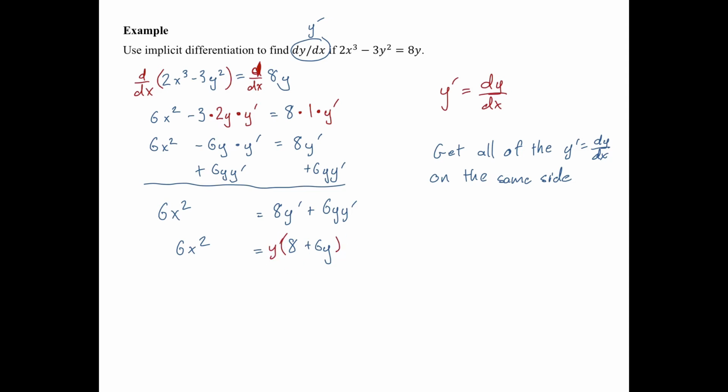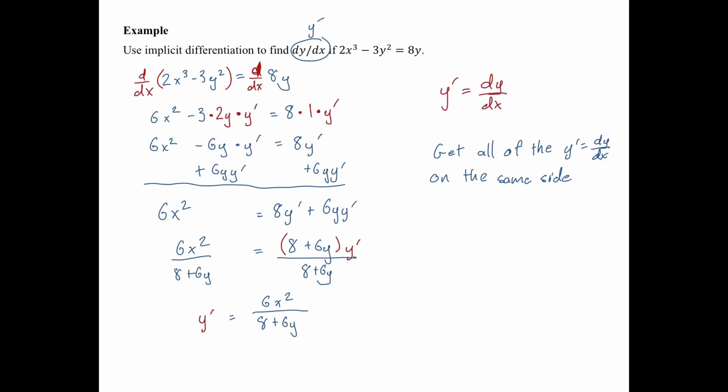Either side's fine. We'll leave it over here. And now you can see we're pretty much done. The last thing we need to do is divide everything by 8 plus 6y, and then we have found y prime is equal to 6x squared over 8 plus 6y.